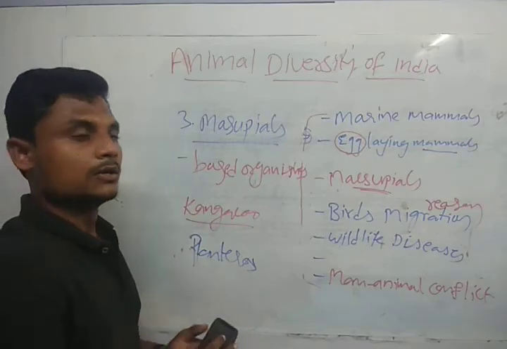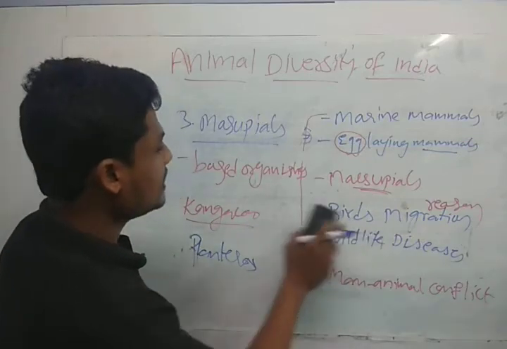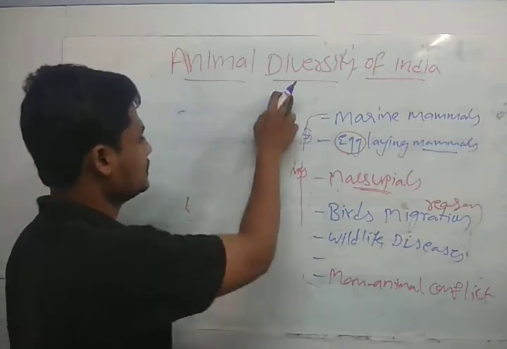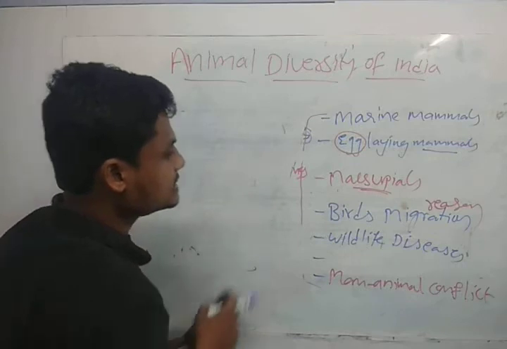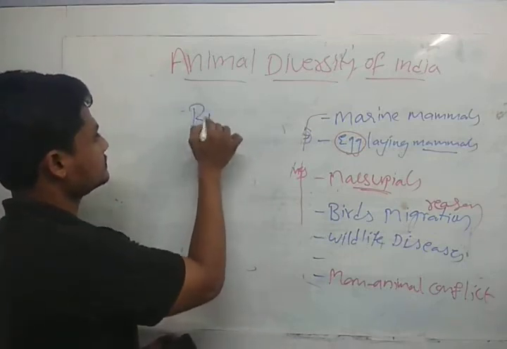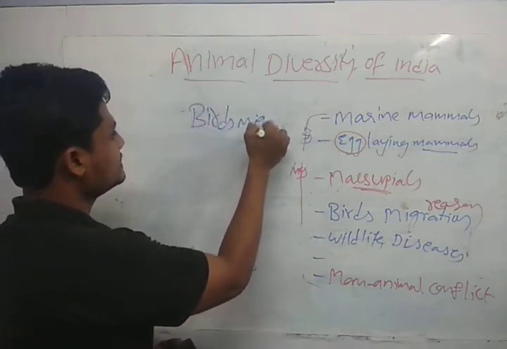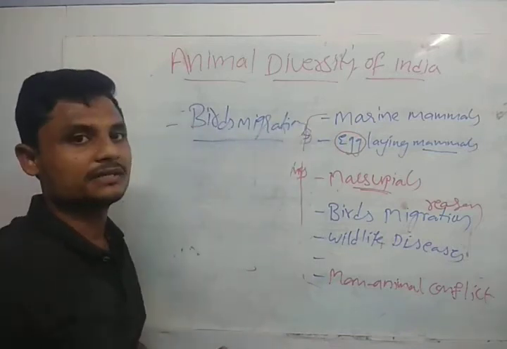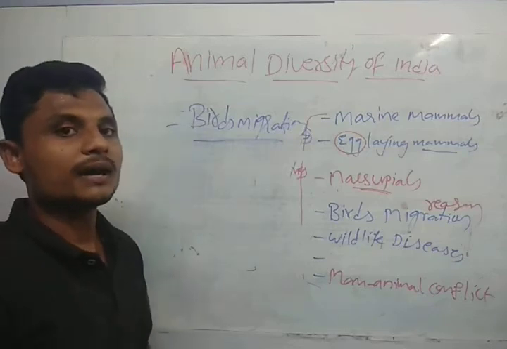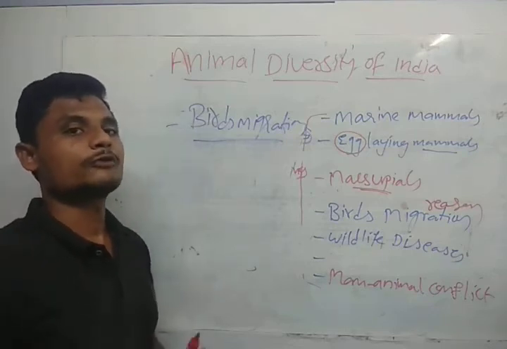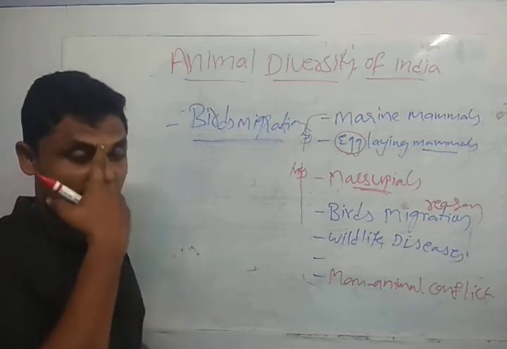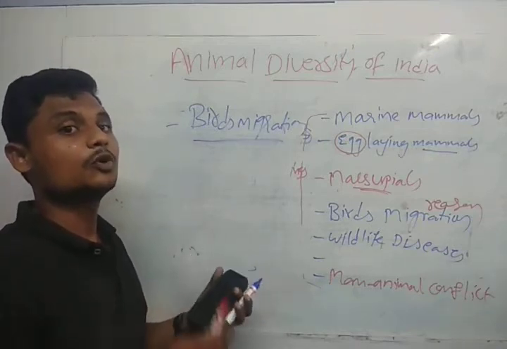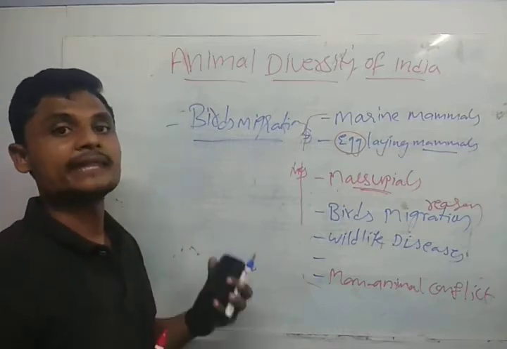Okay guys, after that I will take bird migration. So what do we mean by bird migration, guys? Birds migrate from one place to another for different purposes. We have the regular, recurrent, or cyclical seasonal movement of birds from one place to another place.